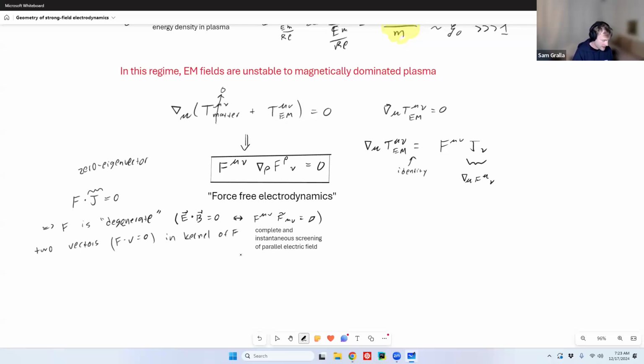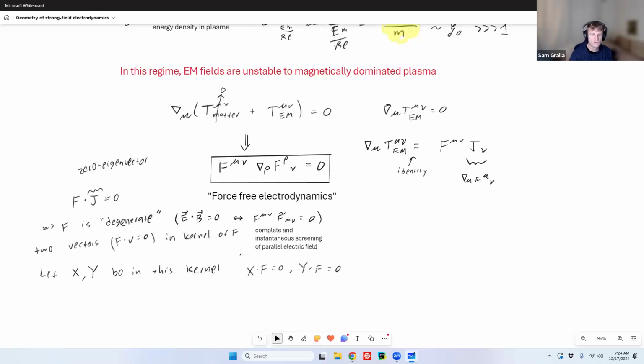And let's go on and think a bit more about this kernel. So let's consider 2 vectors, capital X and capital Y, in this subspace that annihilates F. So what that means, by definition, is that X dot F equals 0 and Y dot F equals 0.